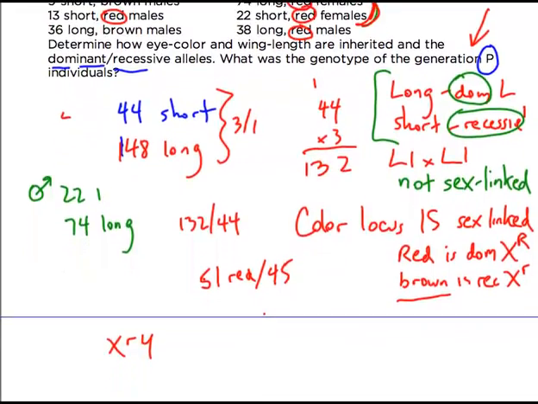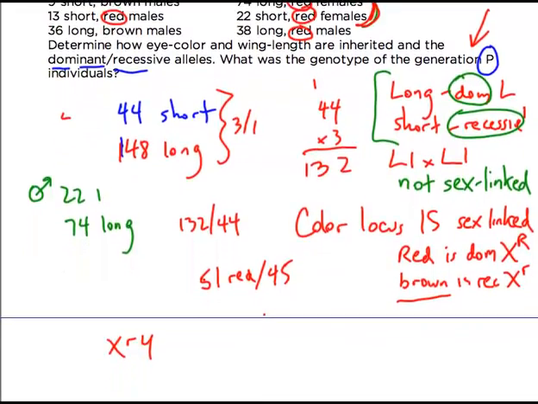He also has long wings, and long is dominant. Now, if he's pure breeding, that also implies very strongly that he's homozygous. In fact, that's why they put that in there, so you can make that assumption. So this is the genotype of the whole father, if you will. Big L, X little r, Y.